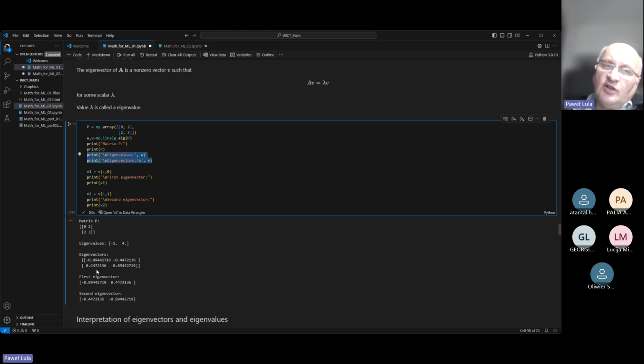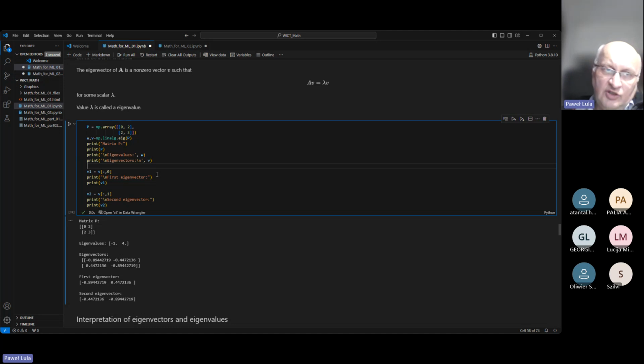This first column is an eigenvector which is related to the first eigenvalue. In the second column, we have the second eigenvector, which is related to the second eigenvalue. So we can calculate eigenvectors and eigenvalues with no problems. We have a function which we can use.